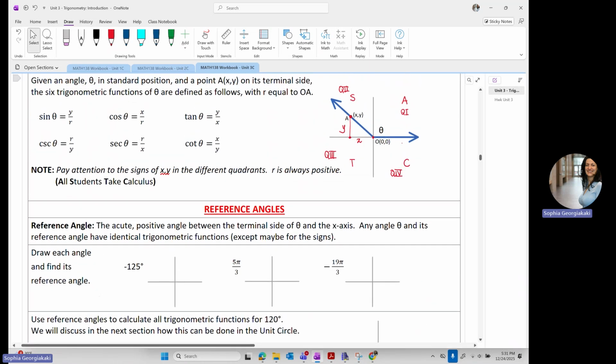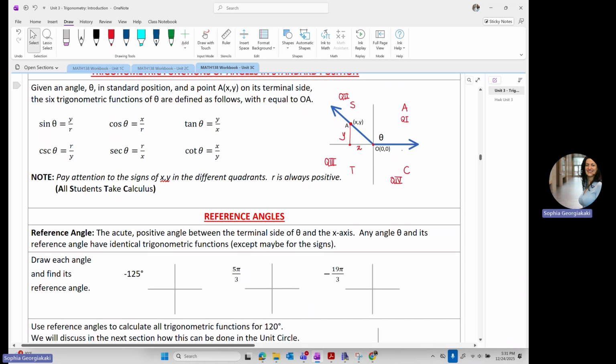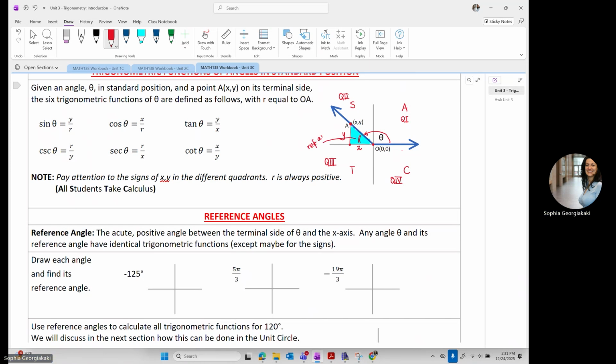So the reason we want the reference angle is because it is very easy for us to use this right triangle to apply the definitions of the 6 trigonometric functions. And if theta is an obtuse angle, the reference angle of theta will be the acute angle between the terminal side and the x-axis.